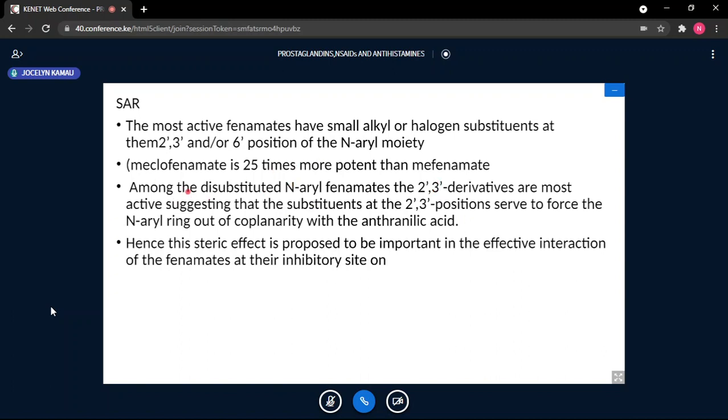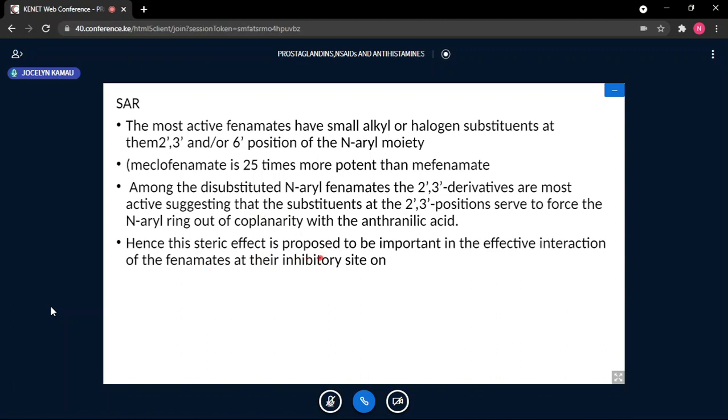When you have a substituent at 2' and 6', the bulkiness of those substituents allows for maximum steric hindrance, and the N-aryl ring and the anthranilic acid ring are completely thrown out of planarity, giving us the best binding molecule, the highest affinity for the COX enzyme.